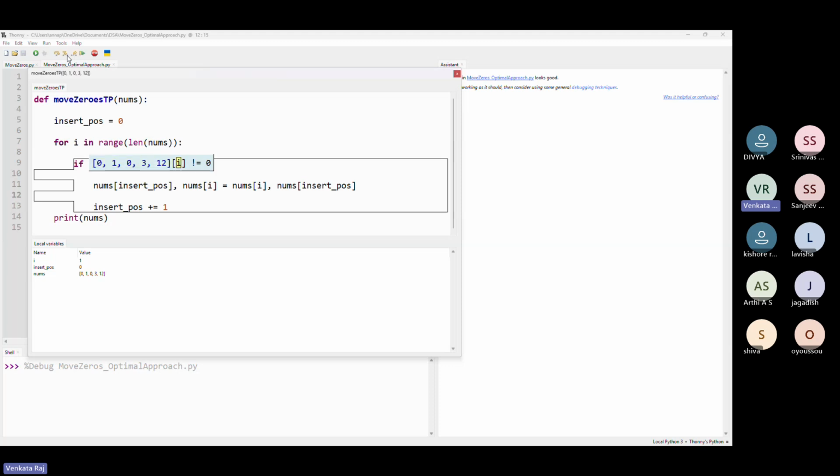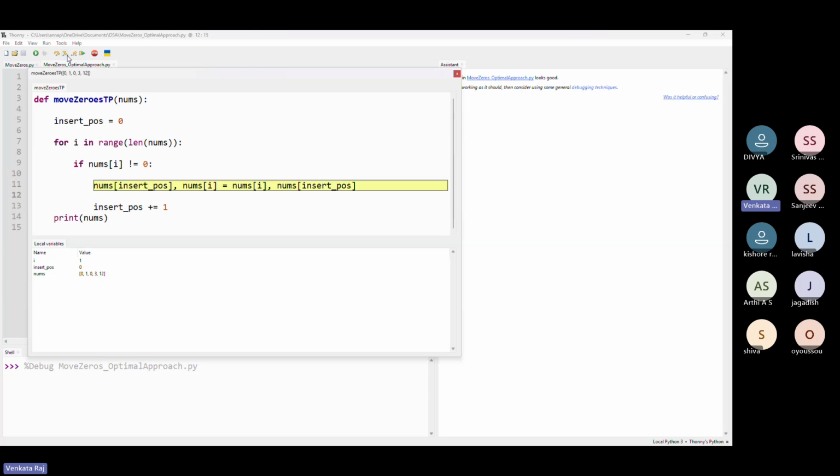Now we see the next element, 1. And here the condition is true because 1 is not equal to 0. The insert position was initially set to 0, so that value is taken.